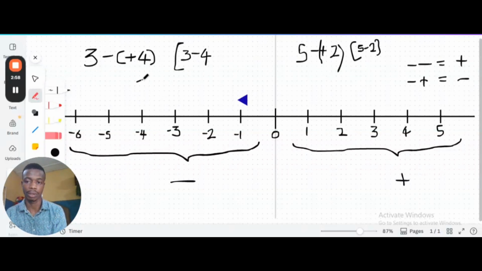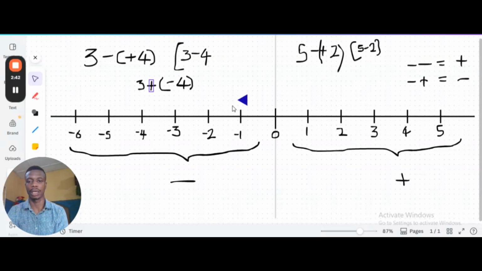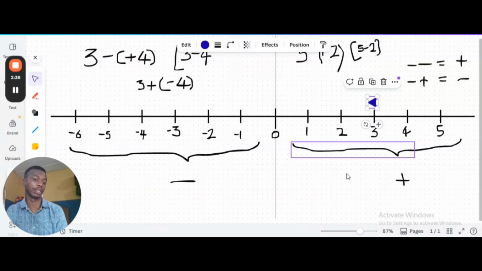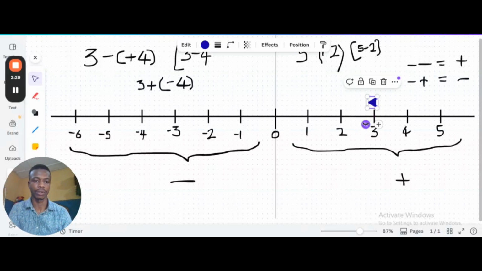For example, 3 plus minus 4. Let's see where this is going to land us. 3 plus minus 4. Let's start with 3. This is 3. Plus would mean face the positive direction. So let's 3 turn to face the positive direction. 3 is facing the negative direction now.